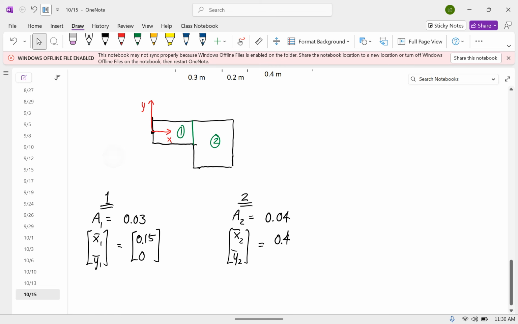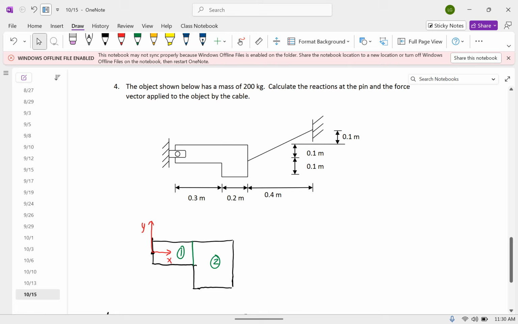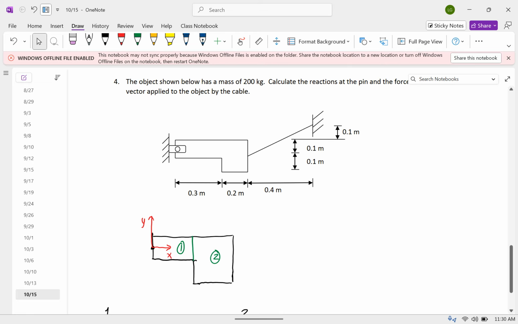Okay, so the x centroid is 0.4, and then for y, from the top, the centroid of this thing is 0.1 because it's right at the middle. This is 0.05 down from the top.